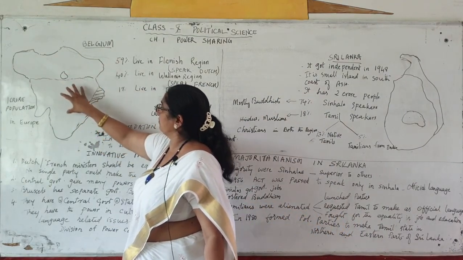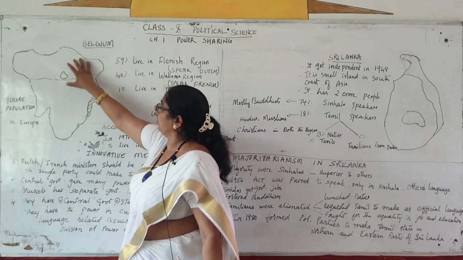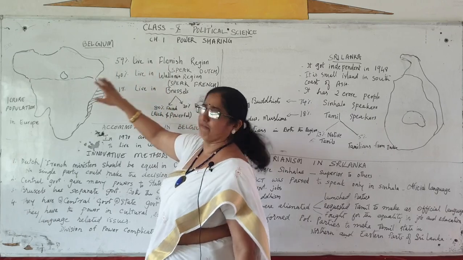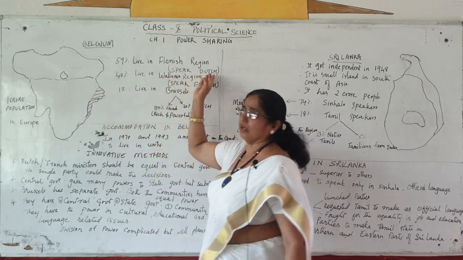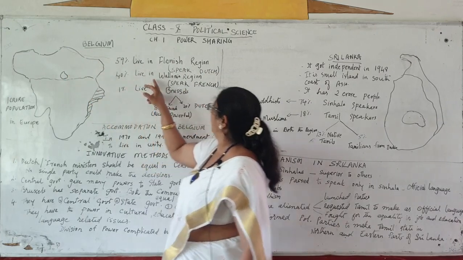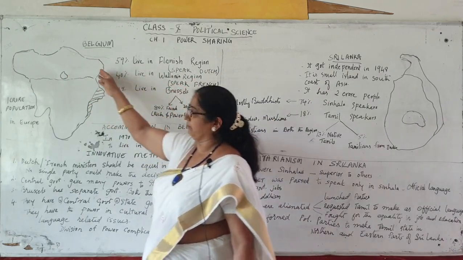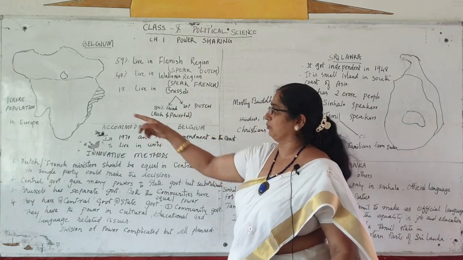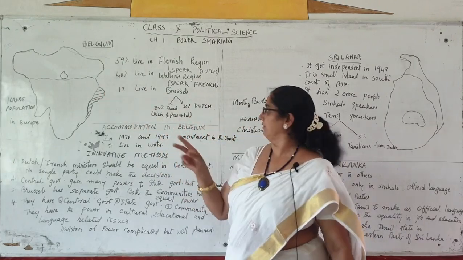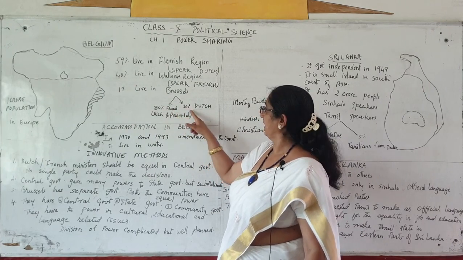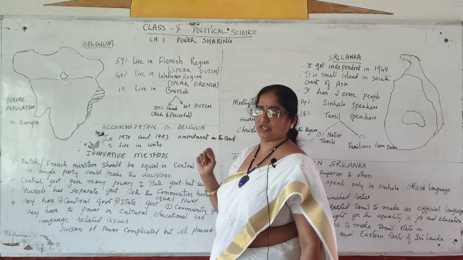This is Belgium and we have divided into two groups. Here we have 59% live in Flemish region, वो लोग डच बात करते हैं. And here we have Wallonia region, people speak French. And in Brussels, we have both the languages, that is French 80% and 20% Dutch.